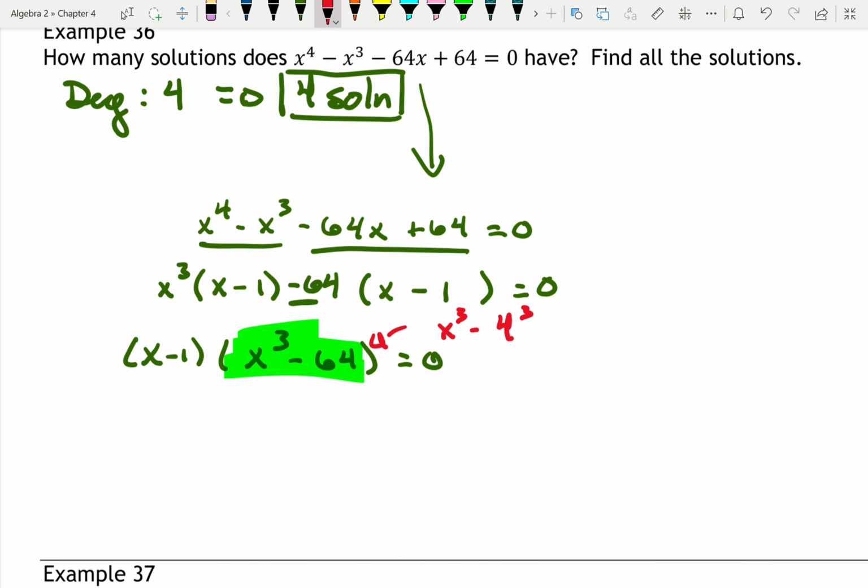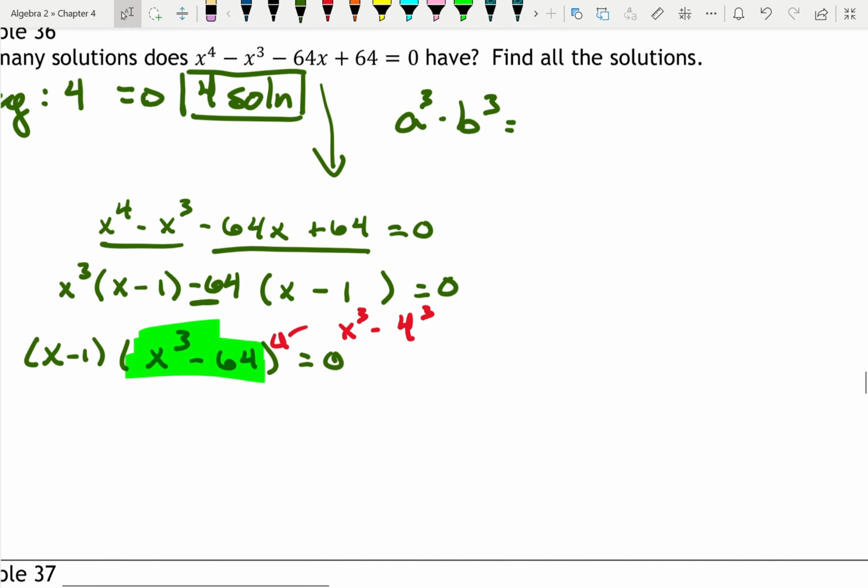Let me see if I can find it quickly. a cubed minus b cubed equals a minus b times a squared plus 2ab plus b squared, I think.